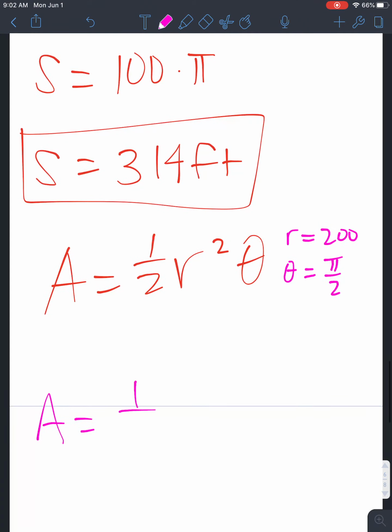So for our area, we have 1/2 times 200 squared times theta, which is pi over 2. The big thing here is this 200 squared, which is 200 times 200, which is 40,000. So we have 1/2 times 40,000 times pi over 2.